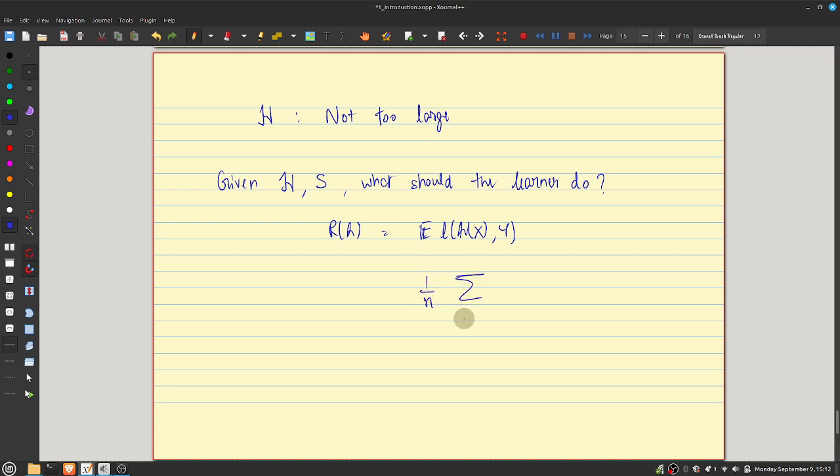Let's look at 1 over n, sum over i equal to 1 to n, of L of h of xi comma yi. Now this depends on the training set. So I will denote this by r subscript s of h. All right. So this is an empirical estimate of the risk, and this is what we'll call the empirical risk.